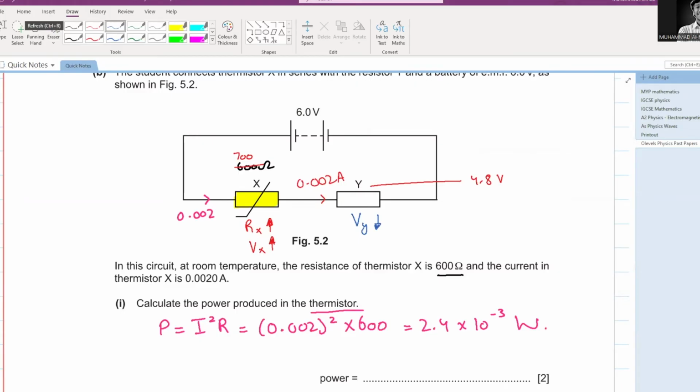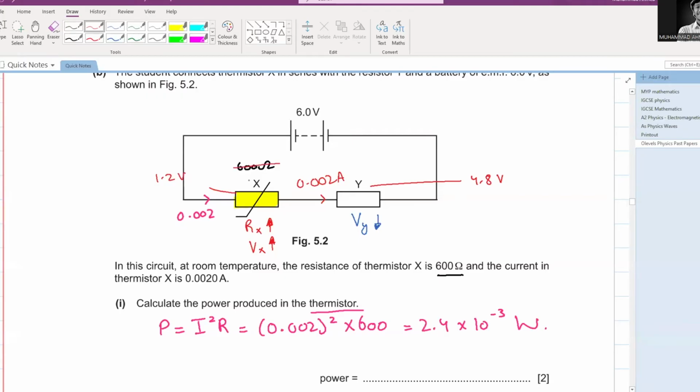Now you will say, sir, why should I believe you? It is very easy to understand if you pay attention for the next 2 minutes. Can you realize we have a 6 volts battery? Initially, let's say X was receiving 1.2 volts, Y was receiving 4.8 volts.